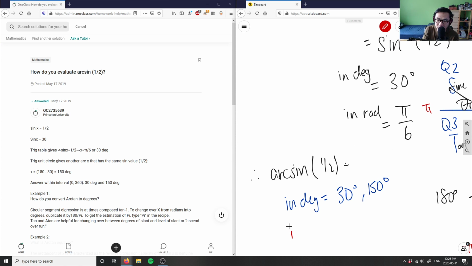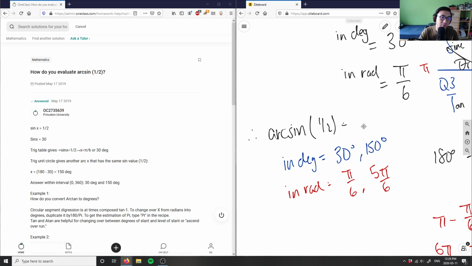And in radians, you would get pi over 6 and 5 pi over 6. These are my solutions for this problem, depending on whether they're asking for radians or degrees.